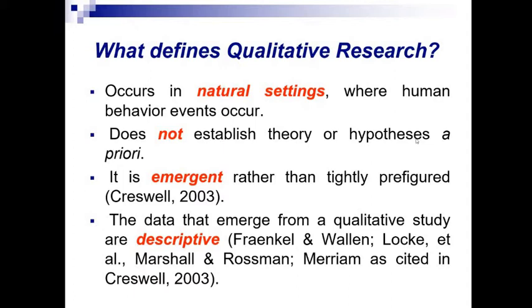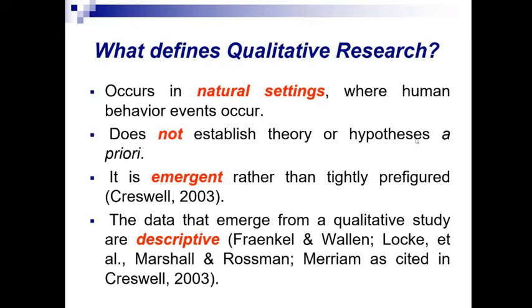So if we would want to, for example, study the life of indigenous groups, you might opt to go to their tribe, or to their habitat, so that you will be able to naturally observe their behaviors, because those are the settings where they naturally behave, okay?